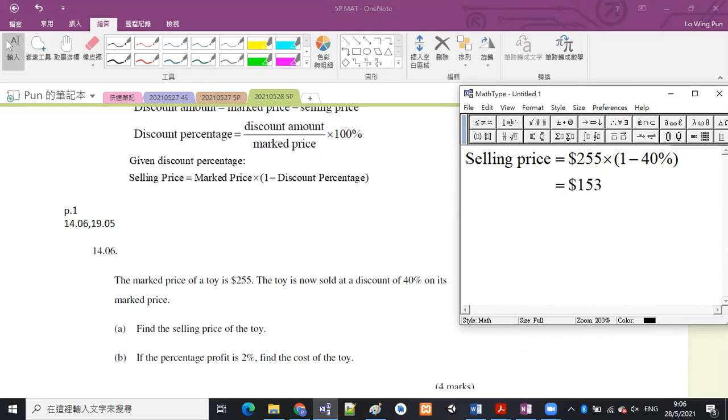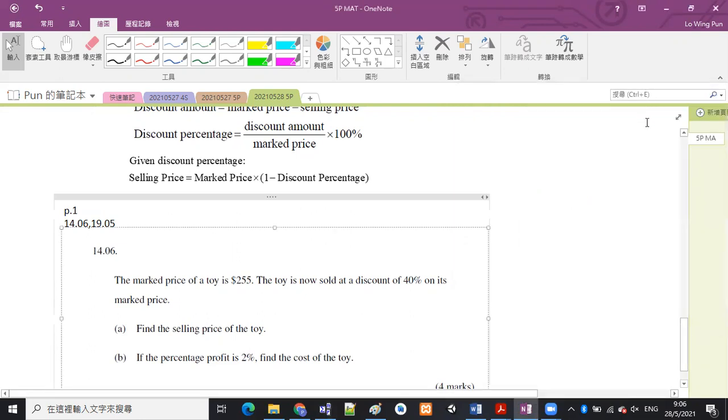Can you get this answer? That's correct. Good. So this is the selling price. You believe that you have already got 2 marks in the DSE. So this is the selling price in part A.